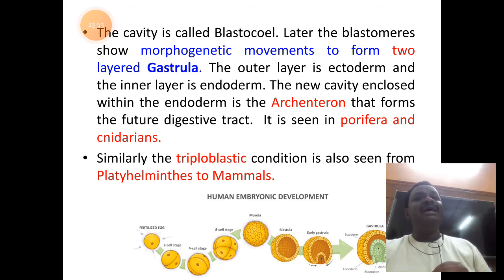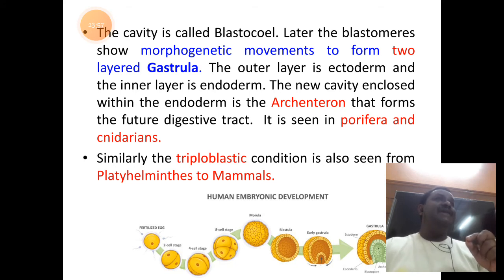Students, remember, this endoderm layer will form the lining of the new cavity, which we call gastrocele. So the lining of gastrocele is called endoderm, whereas the outer layer we call ectoderm.